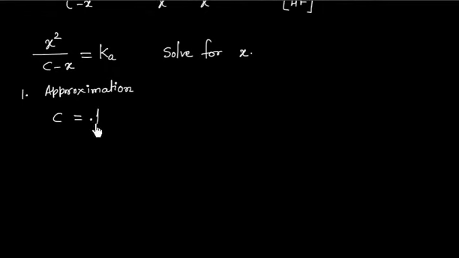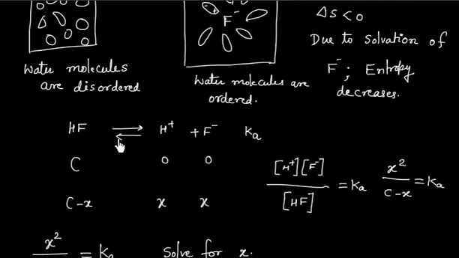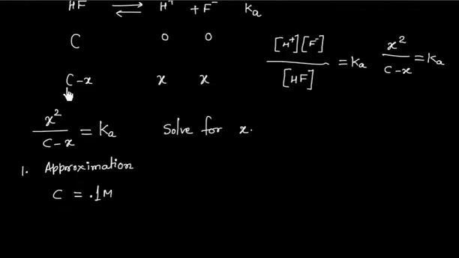So I have a concentration of HF of 0.1 M, and I know in the case of a weak acid only 5% to 10% dissociation happens, even less than 5%. So if I have 0.1 and then 5% of 0.1 will be 0.005, then I can subtract 0.1 minus 0.005, which is approximately the same as 0.1.